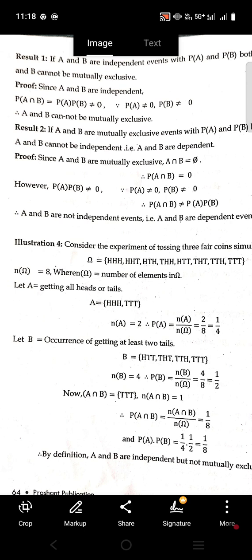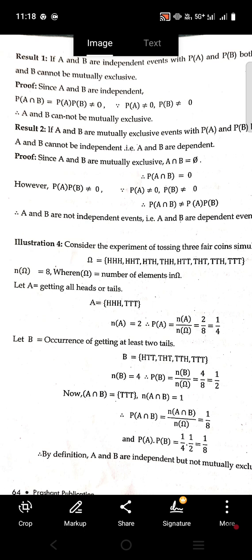And let B equal the occurrence of getting at least 2 tails. At least 2 tails, here the outcomes in the sample space are HTT, THT, TTH and TTT.